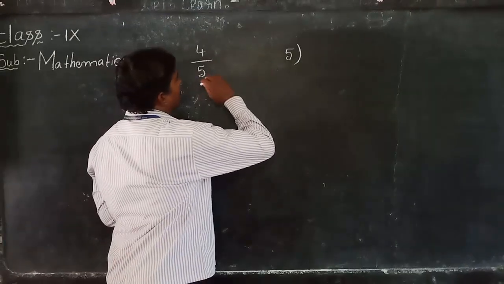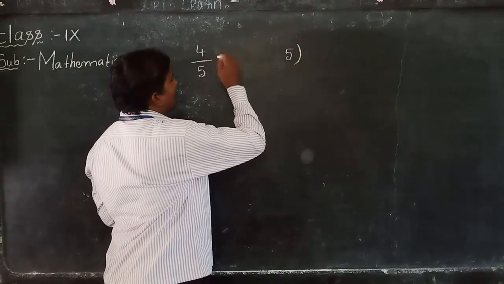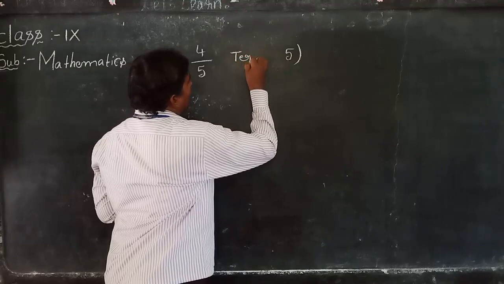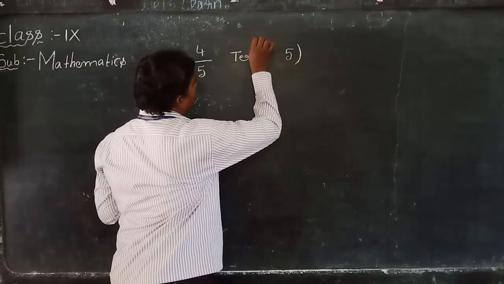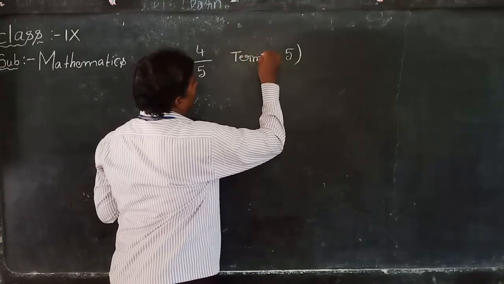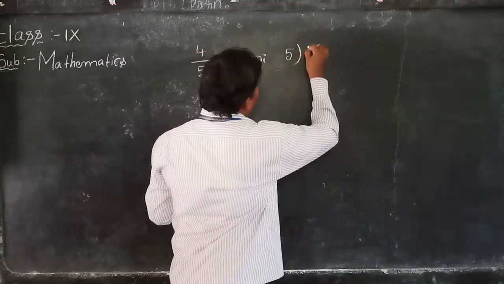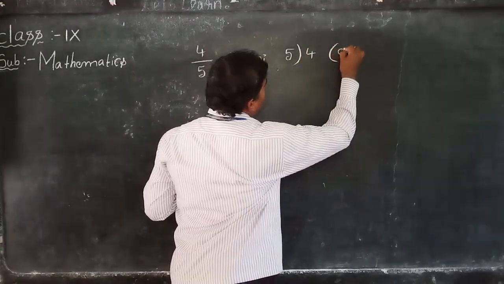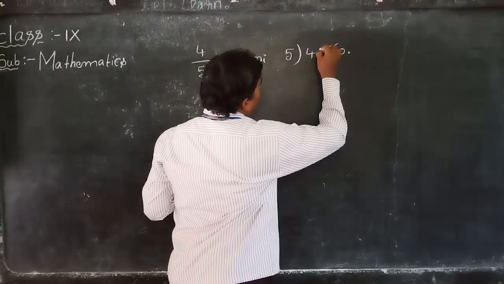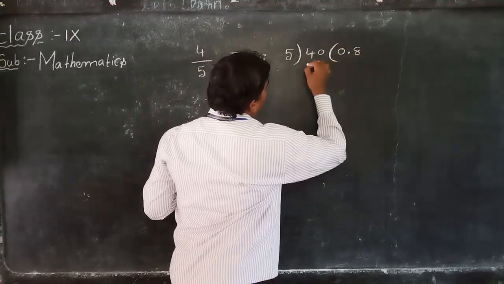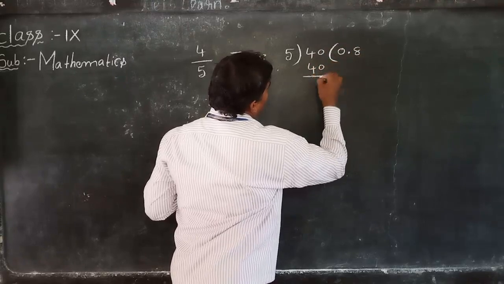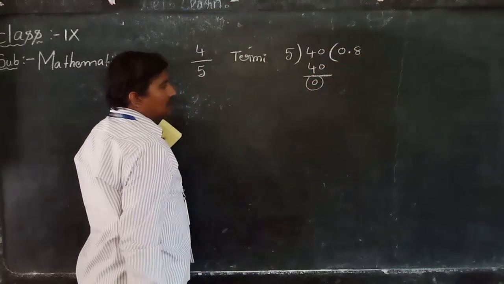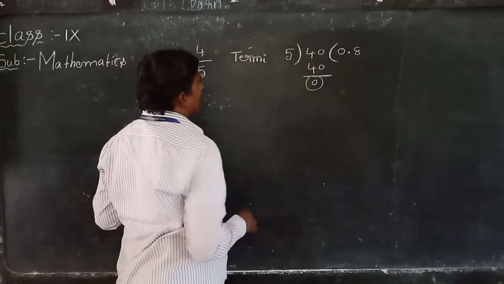First of all, without doing division, I am saying this is a terminating decimal. We will check by division. 5 into 0.8 is 40, remainder came 0. Remainder 0 came means terminating.